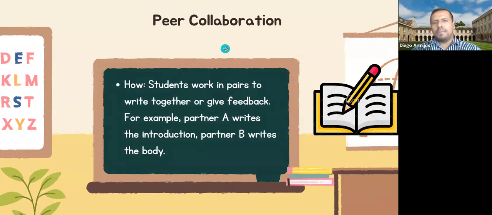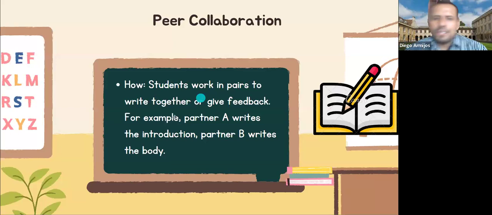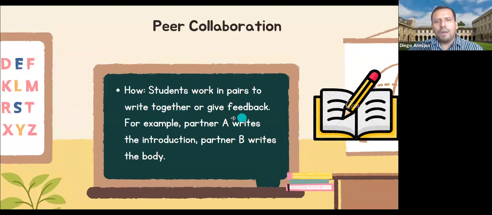And also we have peer collaboration, as you say, that learning happens when collaboration is needed. How? Students work in pairs to write together or give feedback. For example, partner A writes the introduction, partner B writes the body, as I said before, right?